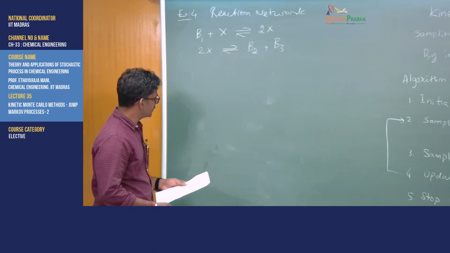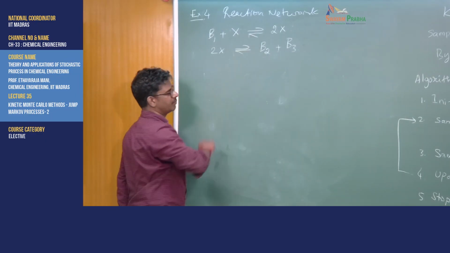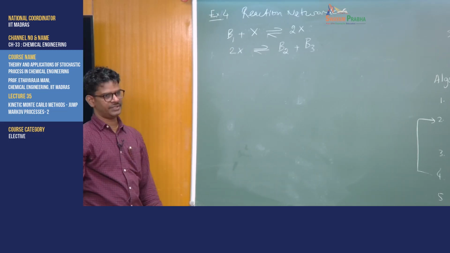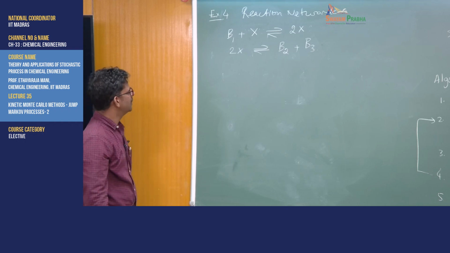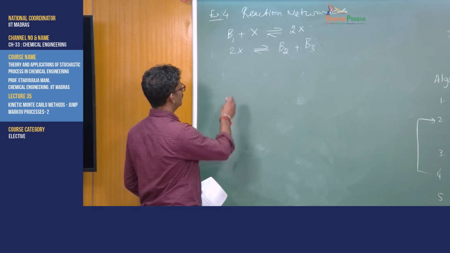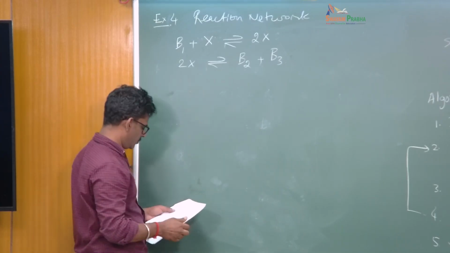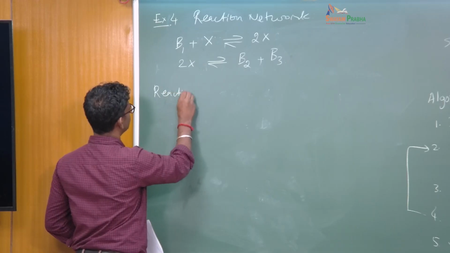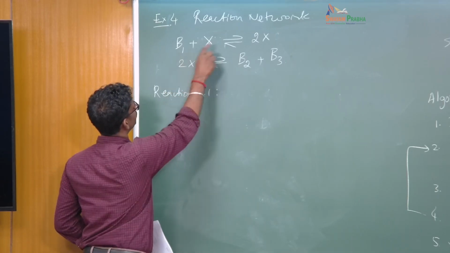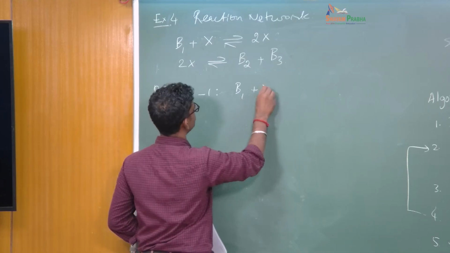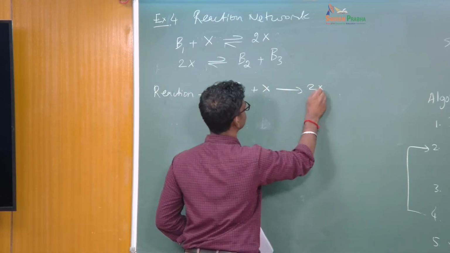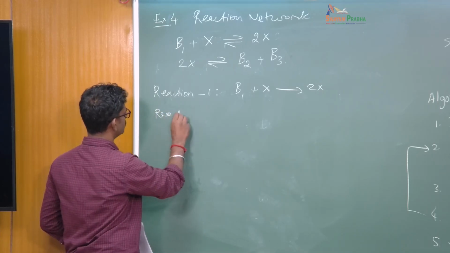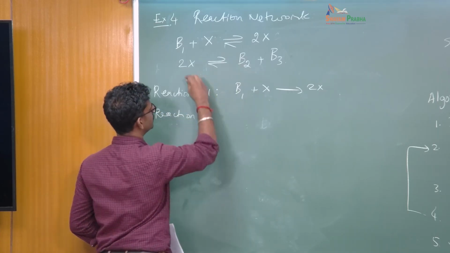So now what I'm going to do is, you can look at this. These are two independent reactions. Both are reversible. It involves species B1, X, B2, and B3, so 4 species. Now we rewrite these equations into distinct reaction channels. I say reaction 1 is the forward reaction of the first case, and reaction 2 is the reverse one.